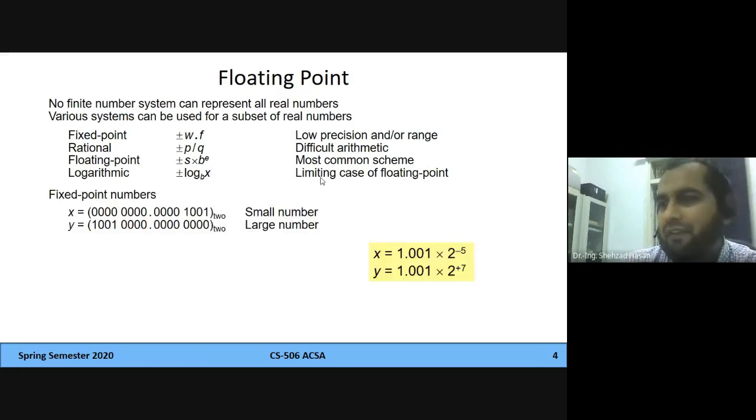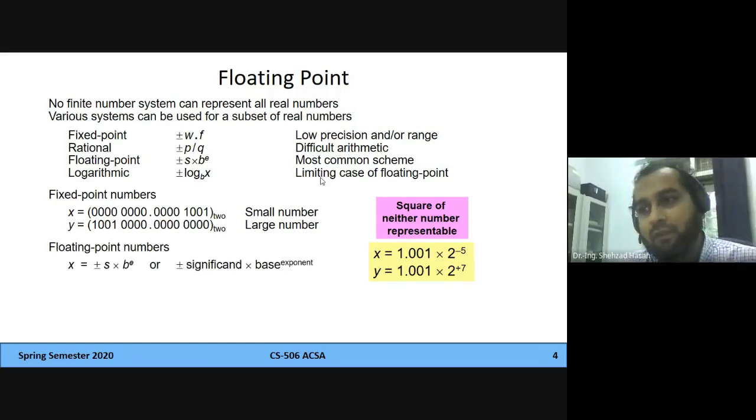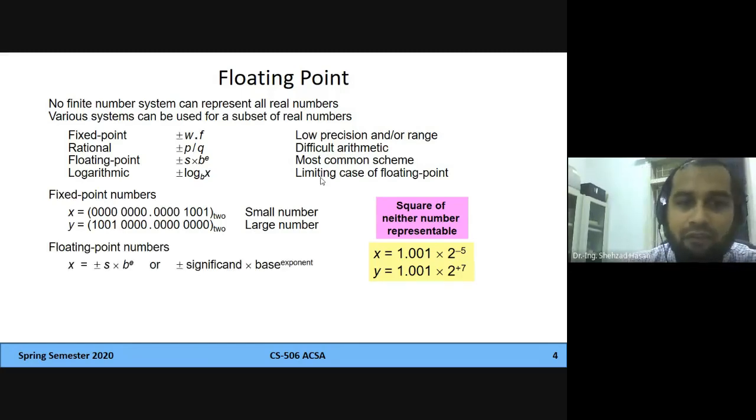This is what we discussed earlier, the fixed point number system. The disadvantage here is that you cannot have a square of any of these numbers. If you have two numbers, a very small number and a very large number, neither of them has its square available. If you're talking about the floating point number system, which is represented as plus minus significand times base to the exponent, you're going to see that it has a different way of storing numbers.